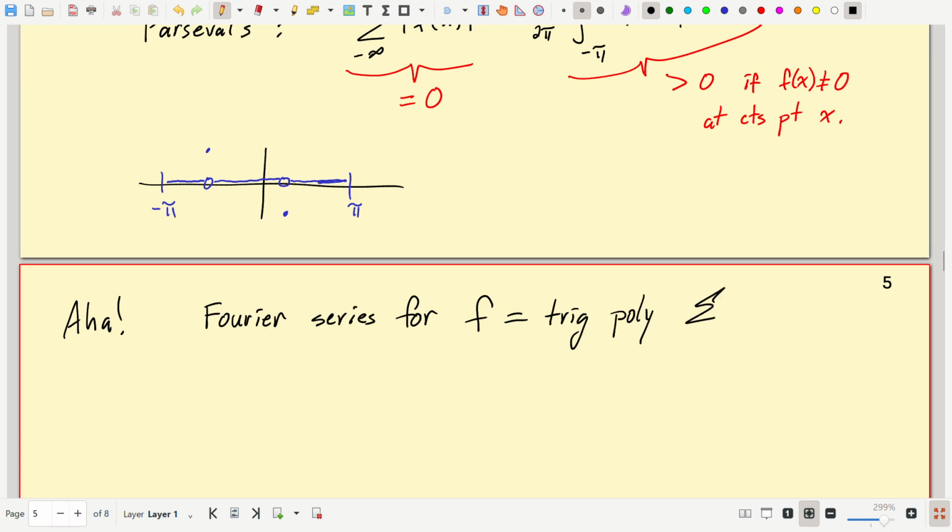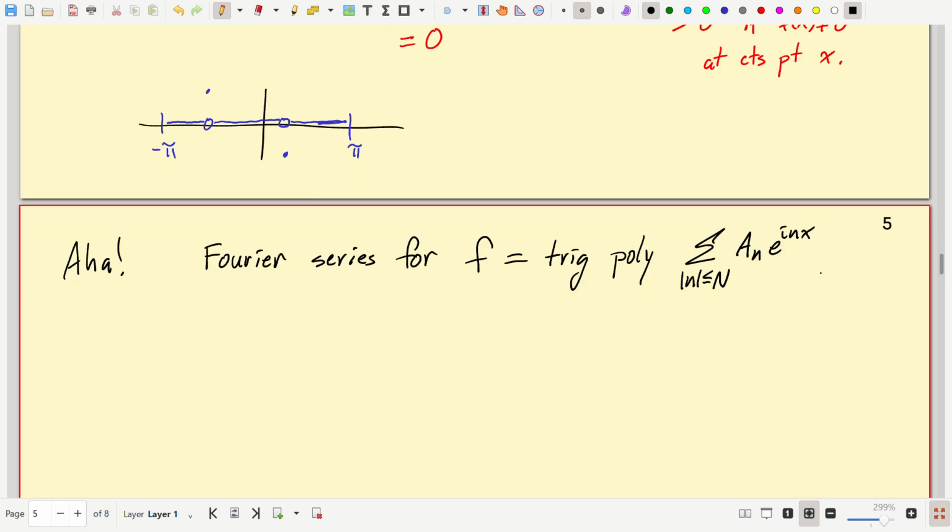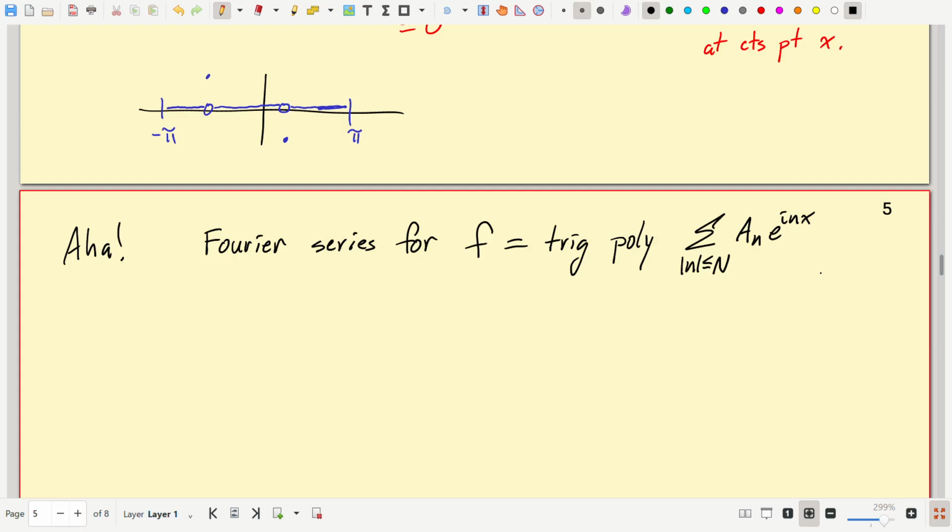That would be a sum over absolute n less than or equal to N of coefficients a_n e to the i n x. And I know this fact above. So that's not an aha moment.